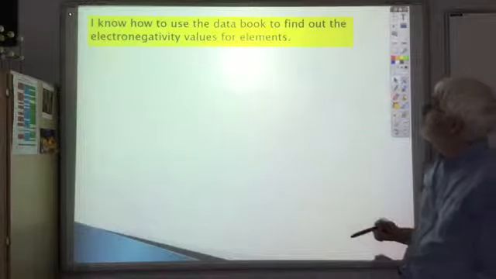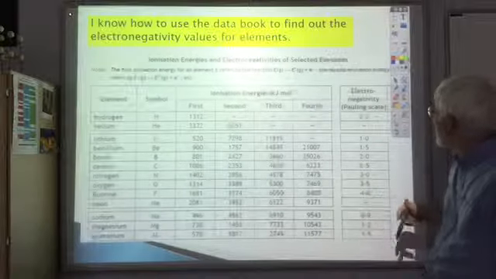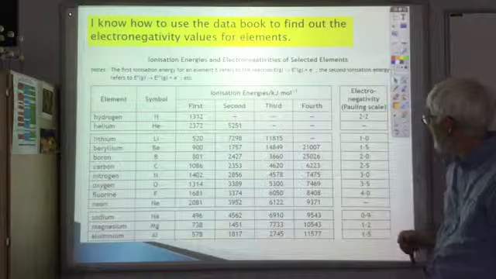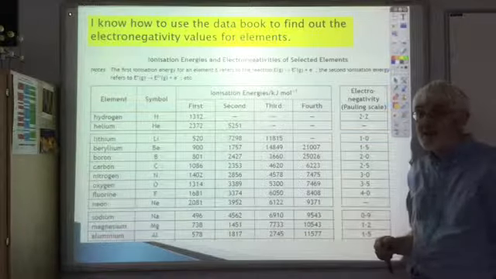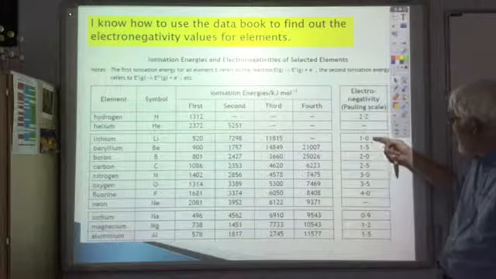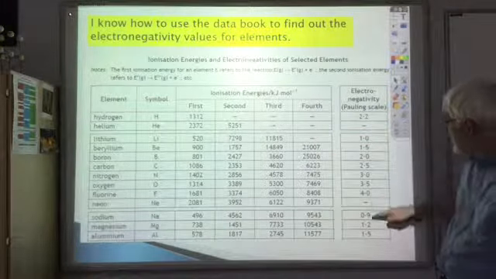Right, you should be able to know how to use the data booklet to find the electronegativity values for the elements. Well, here they are here on the same page as the ionisation energies. Trend tends to be the same as the ionisation energy, increases across a period, decreases down a group.